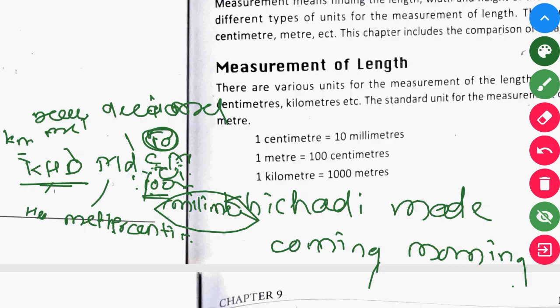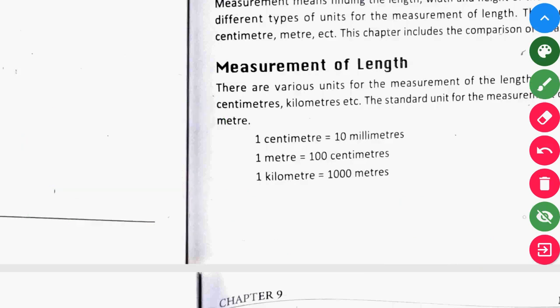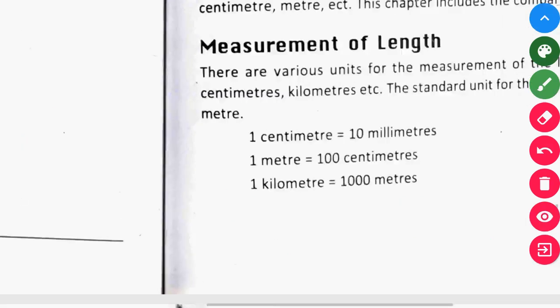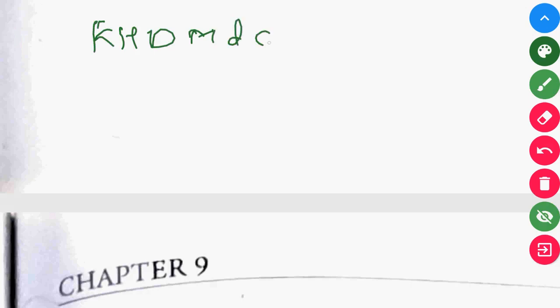For meter, 1 meter is equal to 1000 millimeter, means 100 centimeter, and 10 decimeter. I will write in some clear space. Wait a minute. See K H D M D C M.